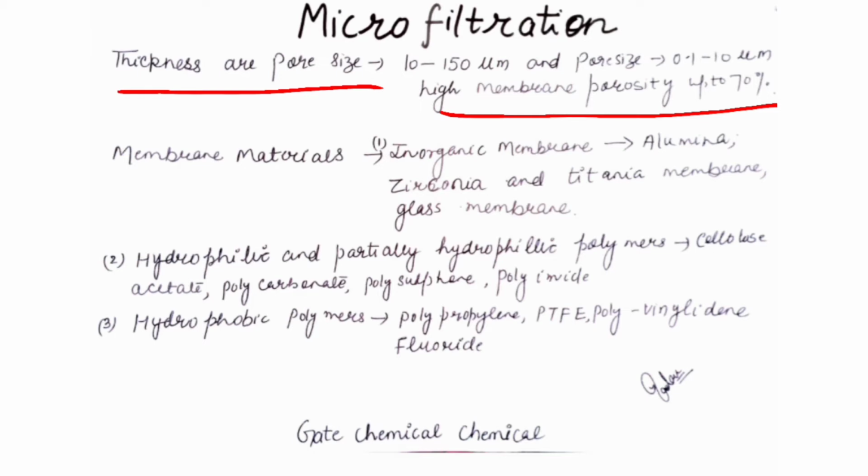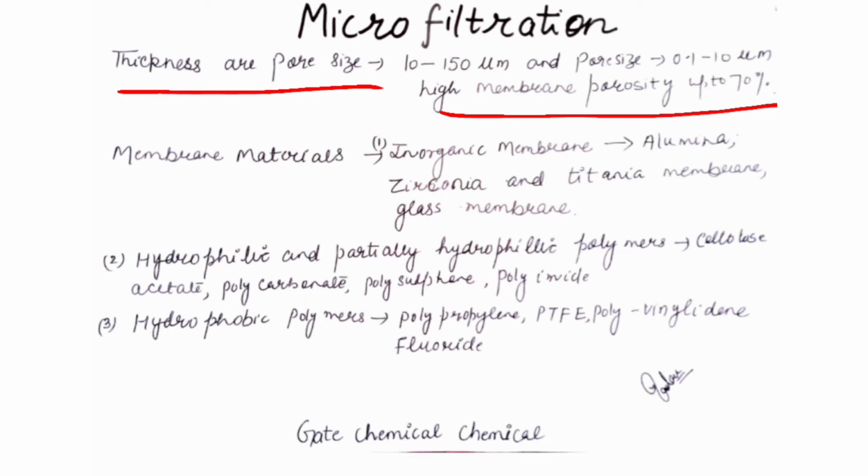Now come to the membrane material for microfiltration processes. There are three types of membrane materials used for microfiltration. The first type is the inorganic membrane: alumina, zirconia or titanium membrane, or also the glass membrane. The second type is hydrophilic and partially hydrophilic polymers. What are those?